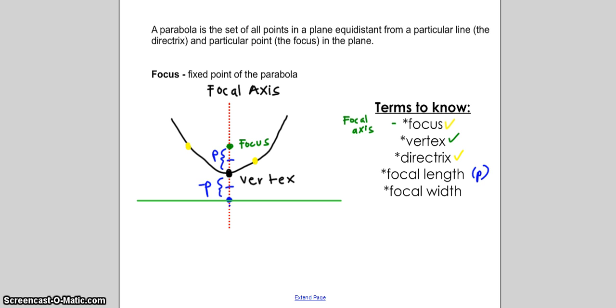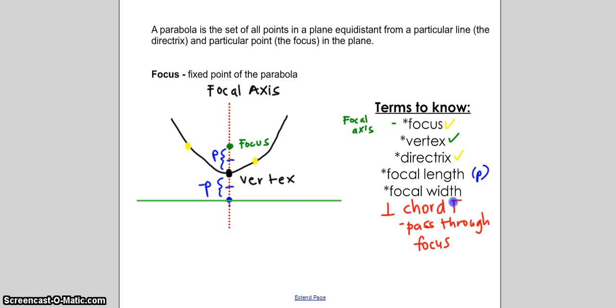Our focal width is nothing too crazy. Your focal width is going to be a perpendicular chord, which a chord is a line with endpoints. It's going to pass through the focus. And I guess we'd say it's a perpendicular chord.